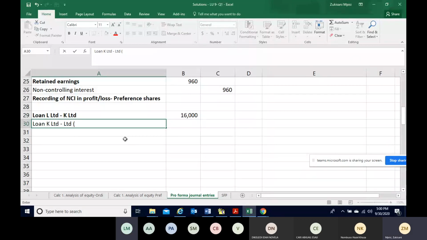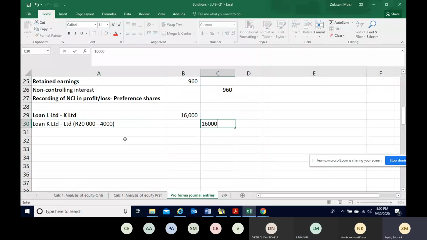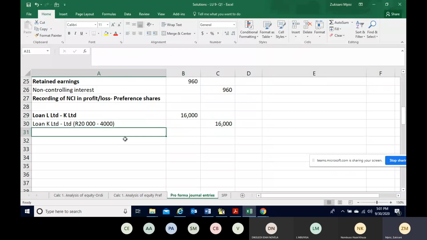So this one was 20,000 minus 4,000, and then it became 16,000. In simple words, we say elimination of the intra-group loan account.